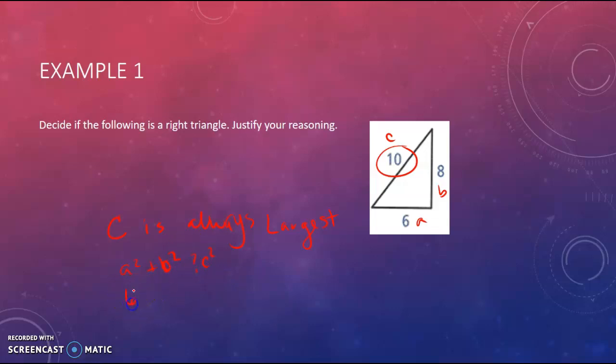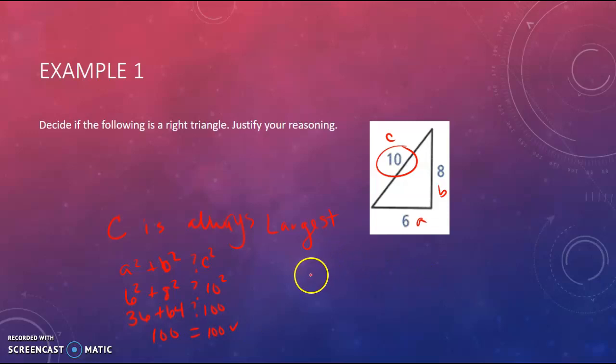So we're going to do 6 squared plus 8 squared, question mark, 10 squared, because I don't know if it's equal, and that's why I don't like putting the equal sign. So 6 squared is 36, 8 squared is 64. Does that equal 100? Because that's what 10 squared is. 36 plus 64 is 100, so 100 equals 100. Check.